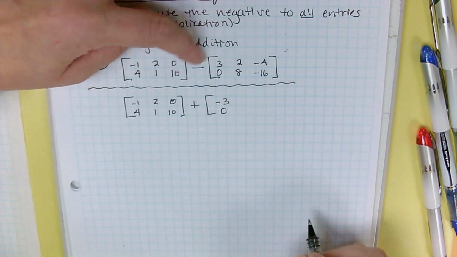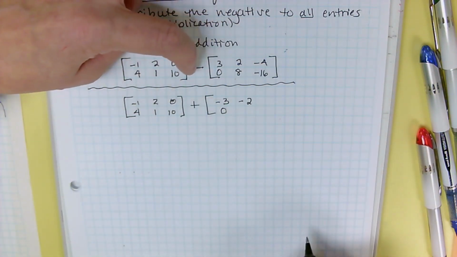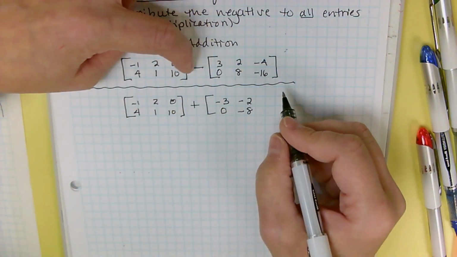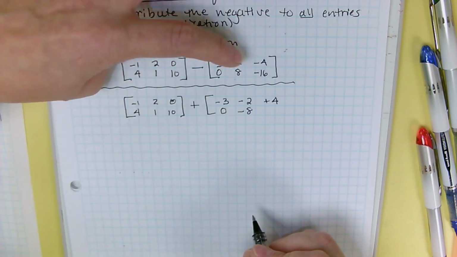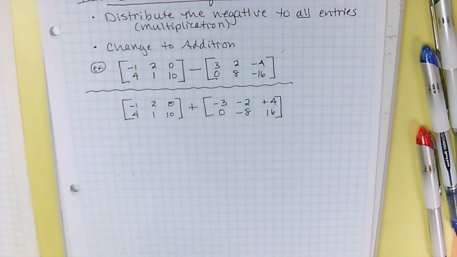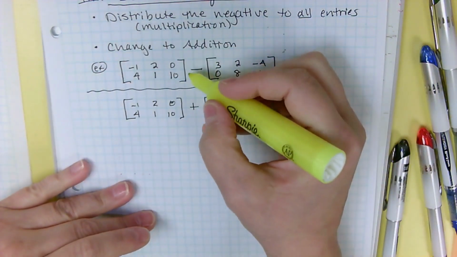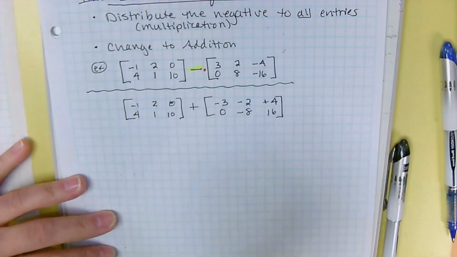Now the middle, negative times a positive is a -2. Down below, a negative times a positive is a -8. On the right, a negative times a negative is a +4. A negative times a negative is a +16. So that's the first thing you do, is distribute that negative. And again, the operation is multiplication.